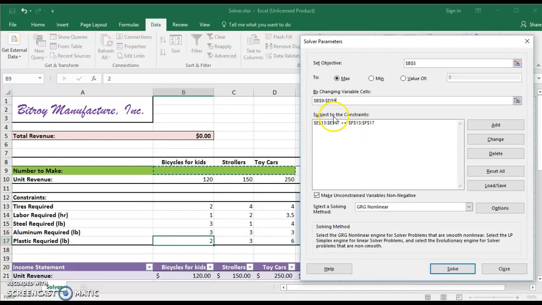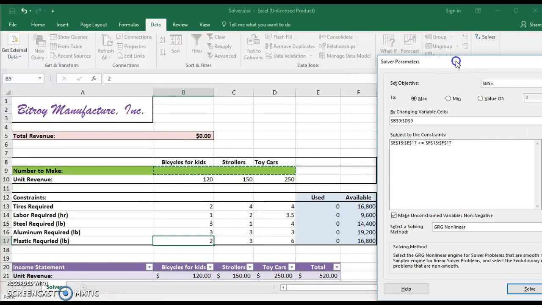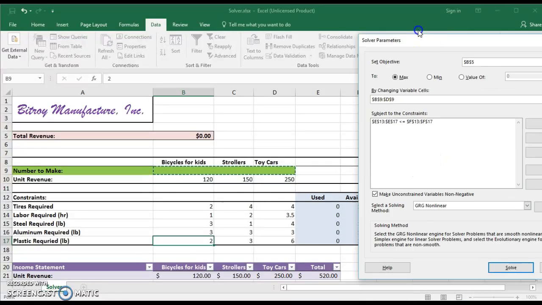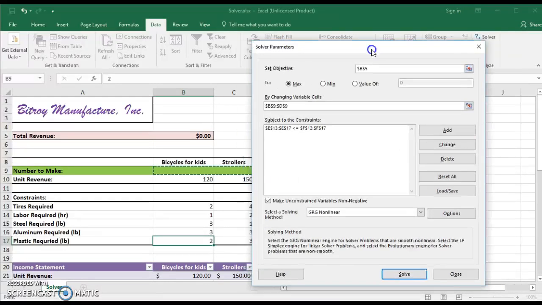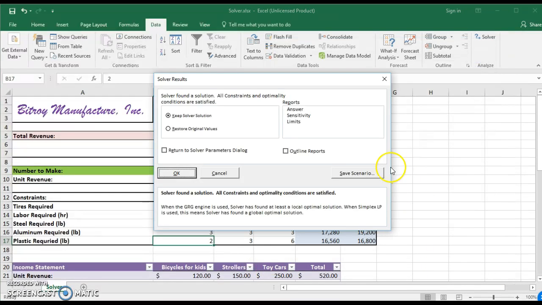And then subject to constraints are the columns over here, E13 through E17, and we want them to be less than what is available. We do not want to go over it, so it's less than or equal to what is available. And then we click solve.